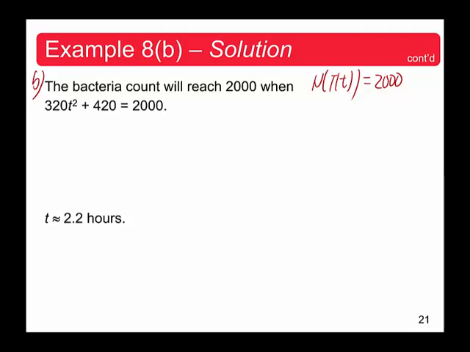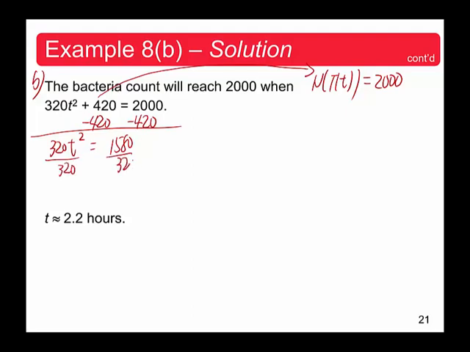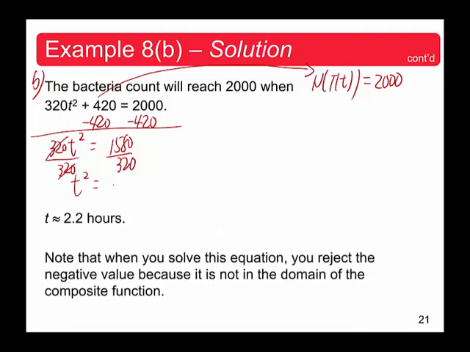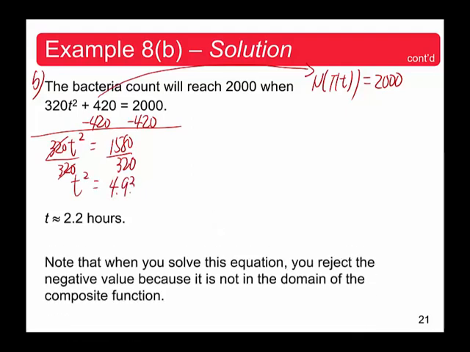Then you set that equal to 2000 and solve for t. First of all, subtracting 420 from both sides, it turned out to be 320t squared equal to 1580. And we divide 320 from both sides of the equation. Cancel that, t squared equal to 4.9375.